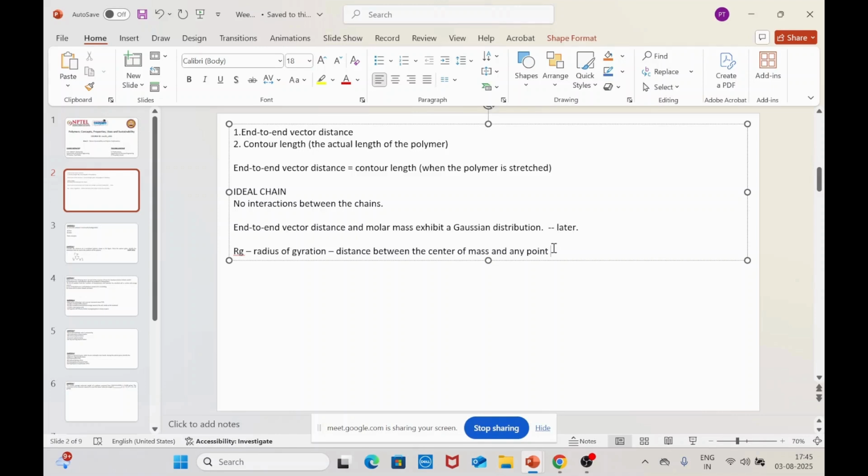Yeah, distance between the center of mass and any point. I mean, it should be there in that chain, right? That point.